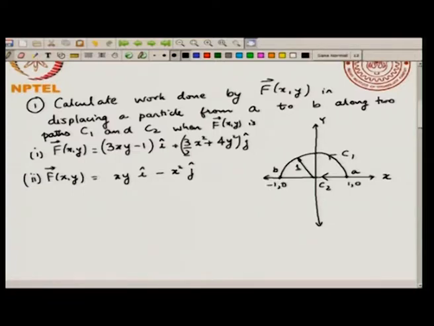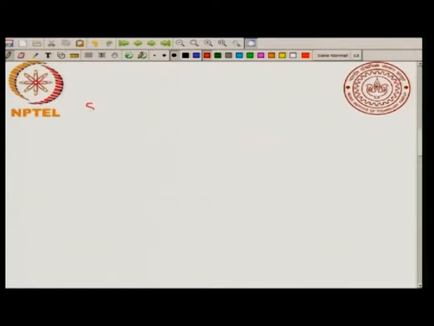To solve this, let's take the first force. So the solution, I will write it in red. Solution. In the first case, f is equal to 3 x y minus 1 times I plus 3 by 2 x square plus 4 y square into j.